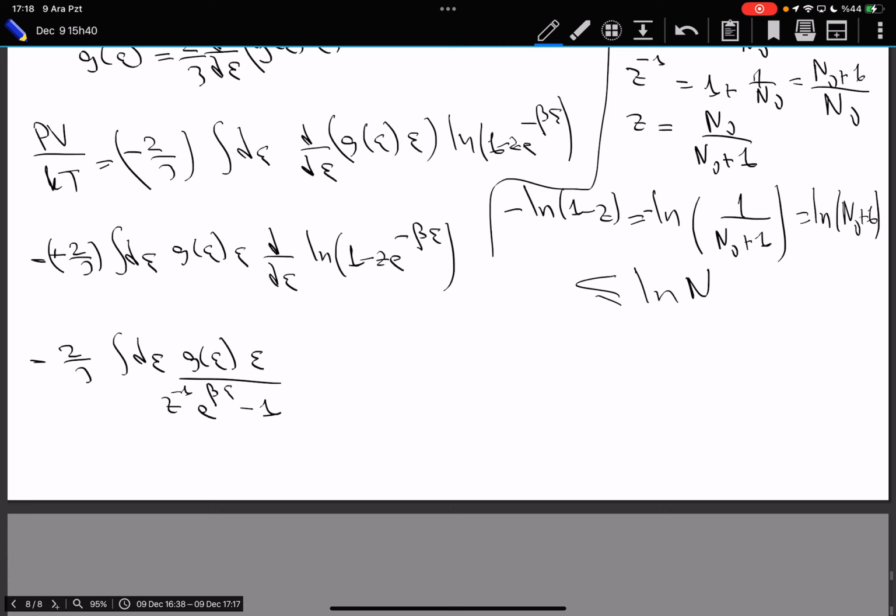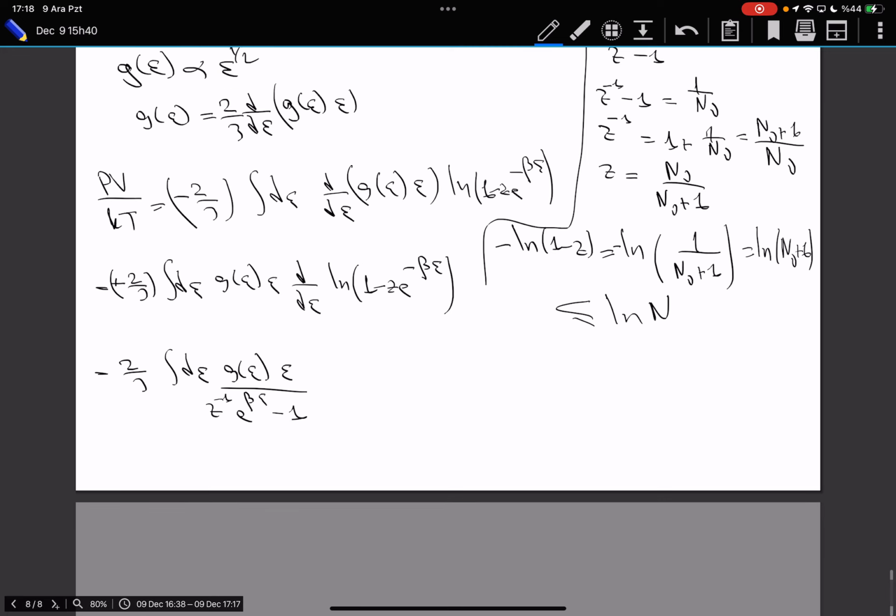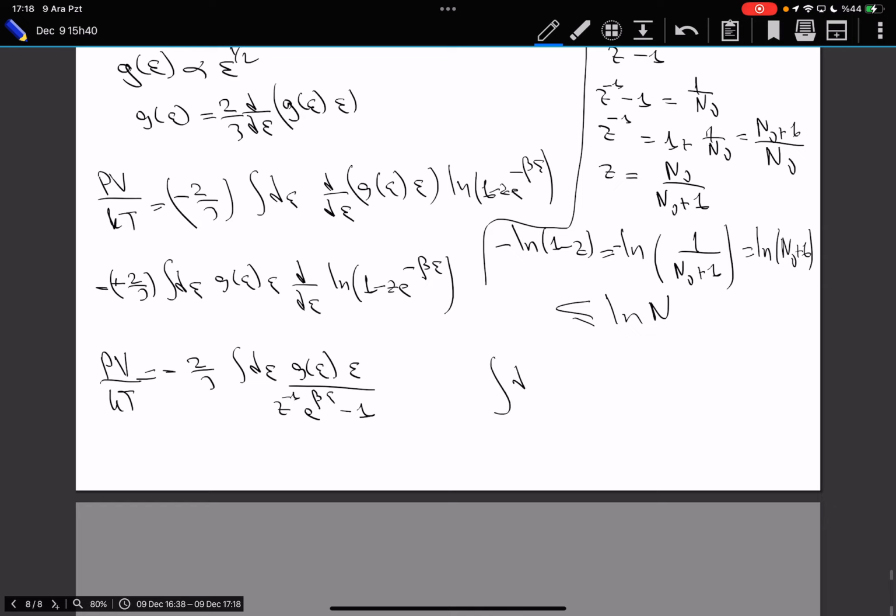Well, if you note, if you compare it with our previous result, PV over KT to this one. In our previous result, we had this was equal to V over lambda cubed g 3/2 of z.